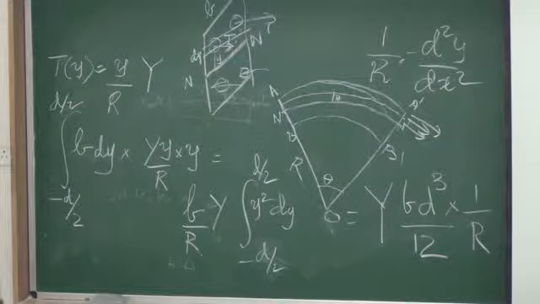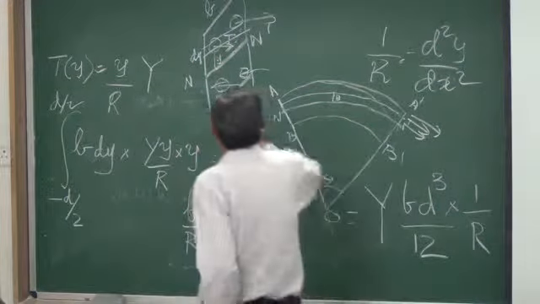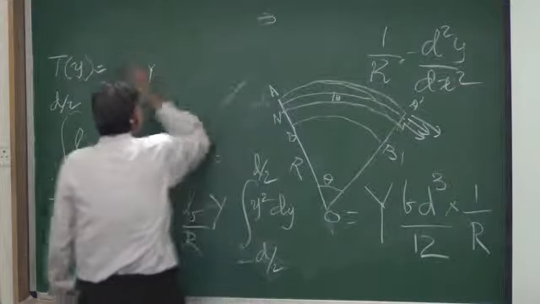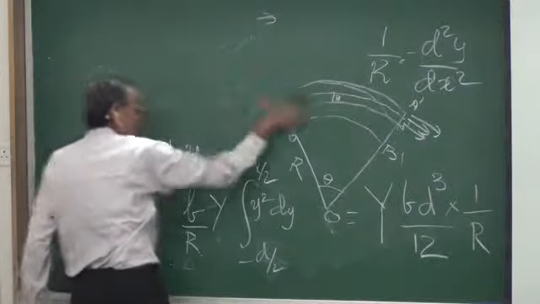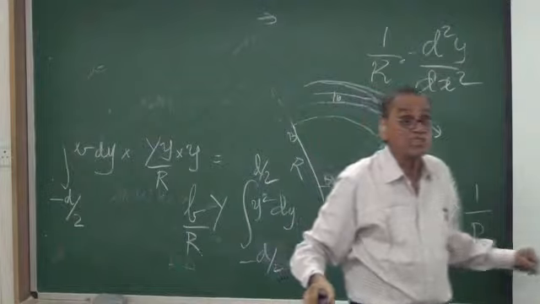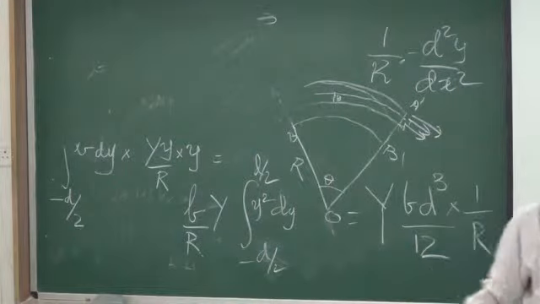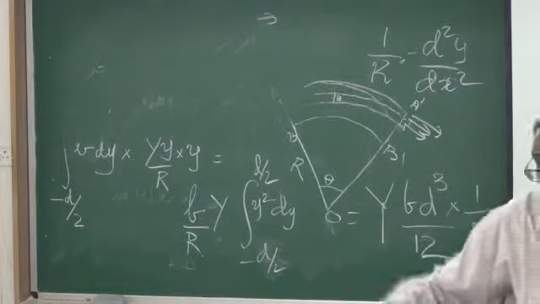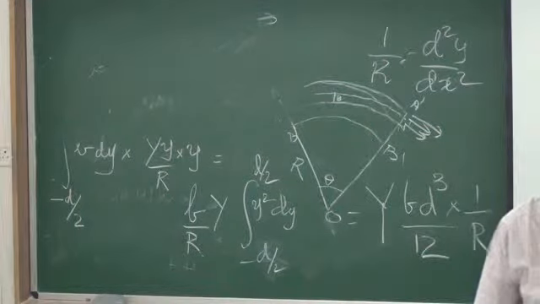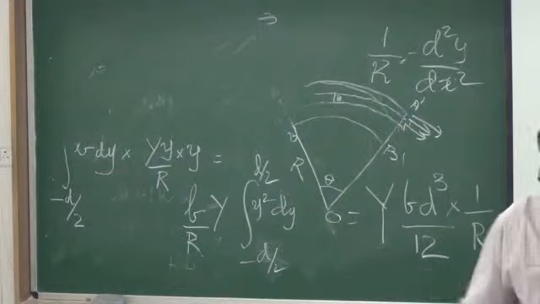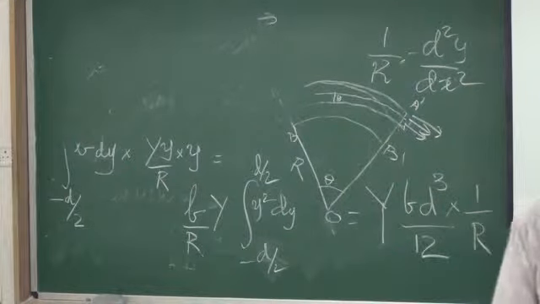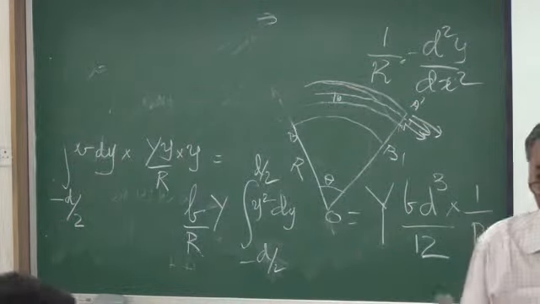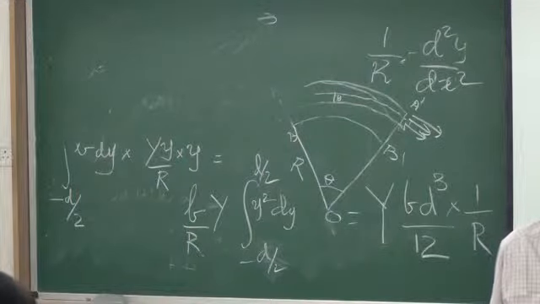Now, if r is the same at every point along the length, then you say you have uniform bending. If the bar is so long that at every point along the bar r is the same, that is, after bending the bar is part of a circle of radius r, you say uniform bending.